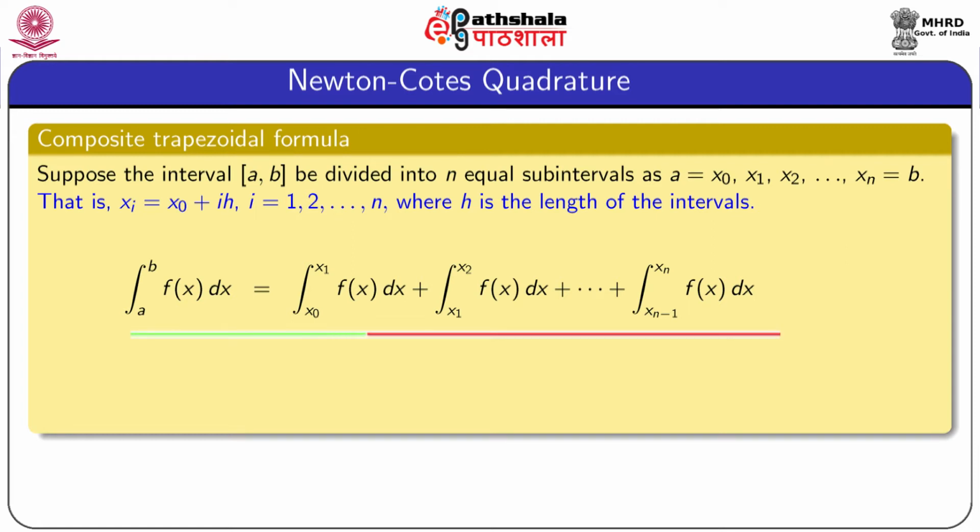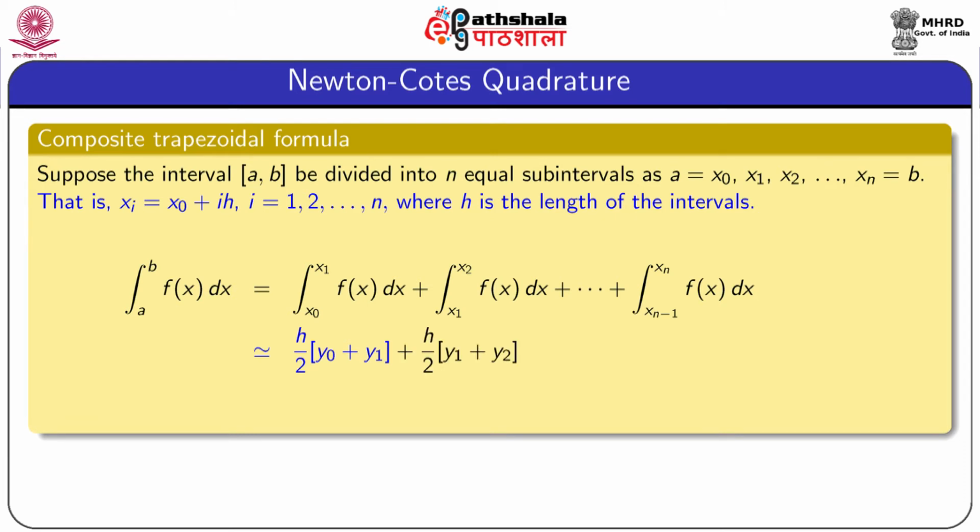Then the integration a to b f(x) dx is equal to integral x0 to x1 f(x) dx plus integral x1 to x2 f(x) dx plus dot dot dot plus integral xn minus 1 to xn f(x) dx. For the first integral, the approximate value of the integration x0 to x1 f(x) dx is h by 2 into (y0 plus y1), and this is the value obtained from the trapezoidal formula.